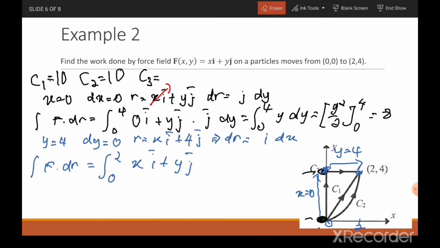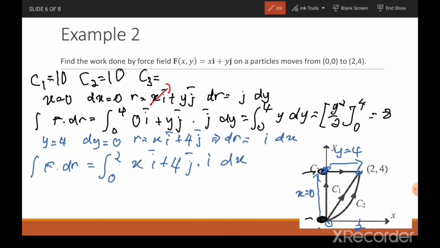So the value for x and y, value for y is equal to 4, y equal to 4 times the dr is only have an i, okay, i plus j, okay, j there is no value, so 0, I just remove here, dx.